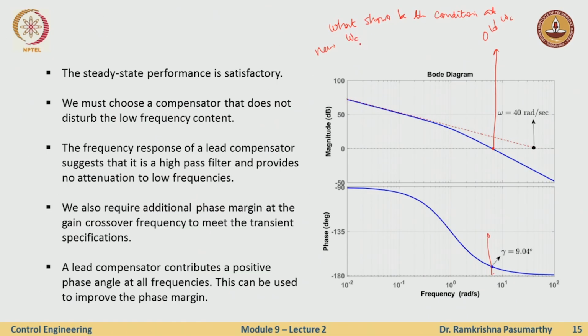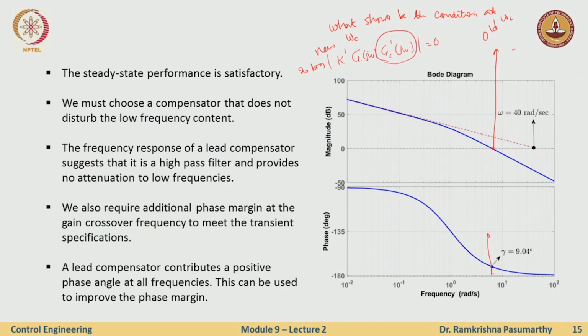At this, the new frequency should be such that G, I can put a K prime, G of j omega Gc of j omega, the 20 log of this should be 0, okay, which means that now I know what this is at the new crossover frequency, right.